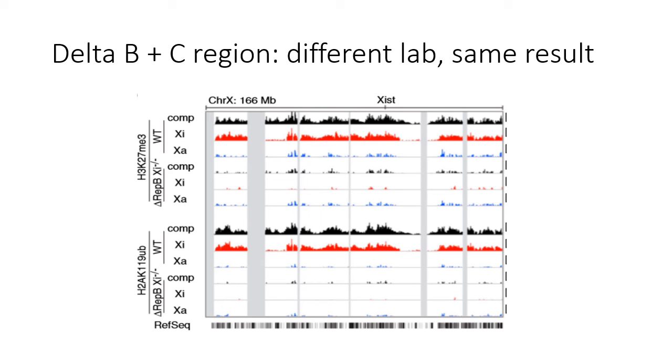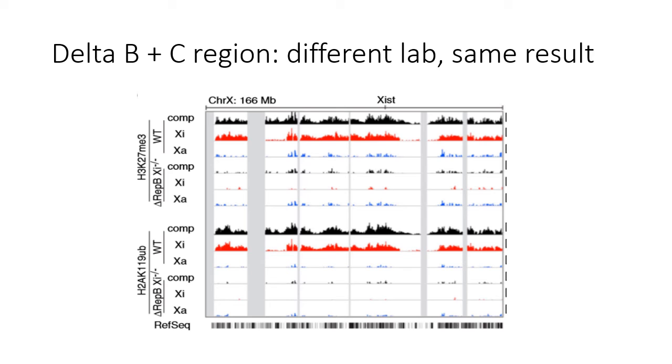Okay, the same is true on the bottom panels, but we're looking at ubiquitin instead. Again, the Xi in the wild type becomes nicely coated with the ubiquitin form of this histone, and it exists at locations all the way across the length of the chromosome. The active X, by contrast, does not have this particular modification, as expected, since it's a repressive mark in that chromosome.